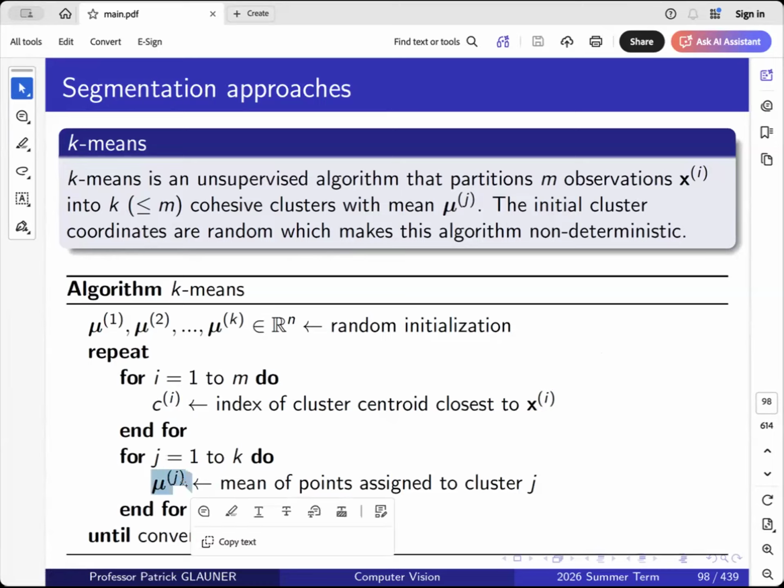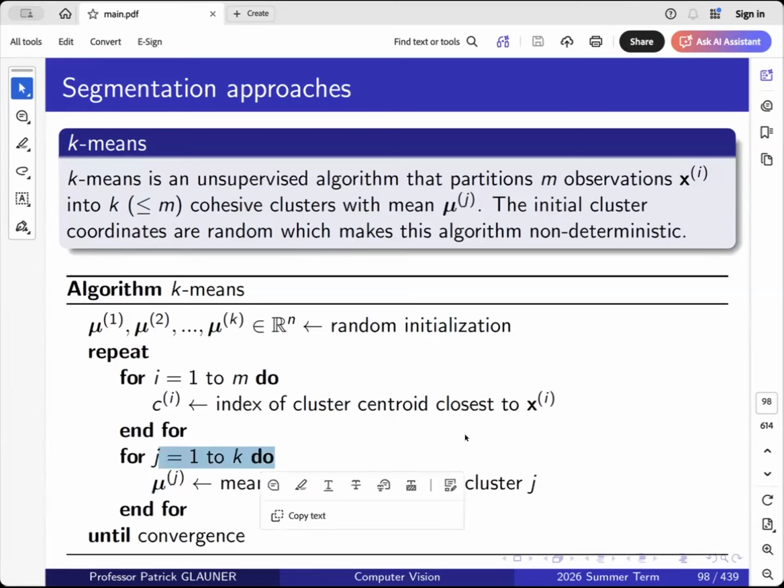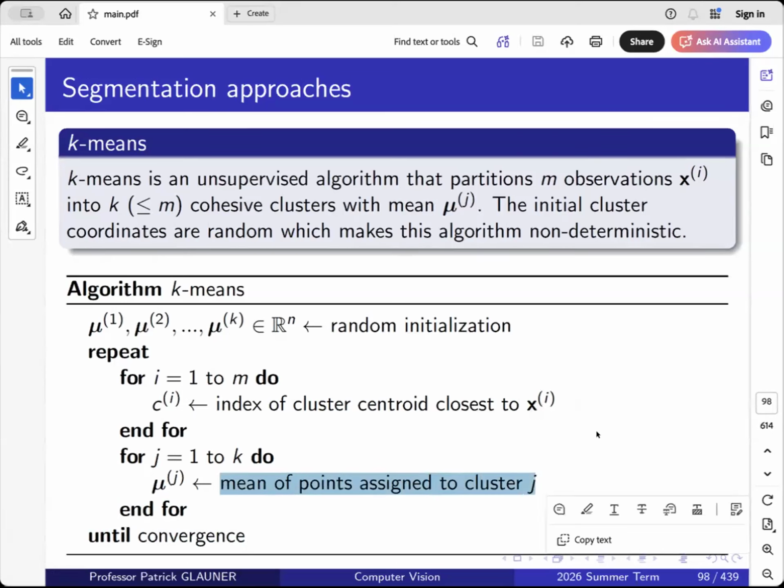And now I go through all my K clusters, so from 1 to K, where I recalculate the center of the cluster. So I go through all the points, all the observations that were assigned to my cluster, and I calculate the mean. And that's the new center of the cluster.